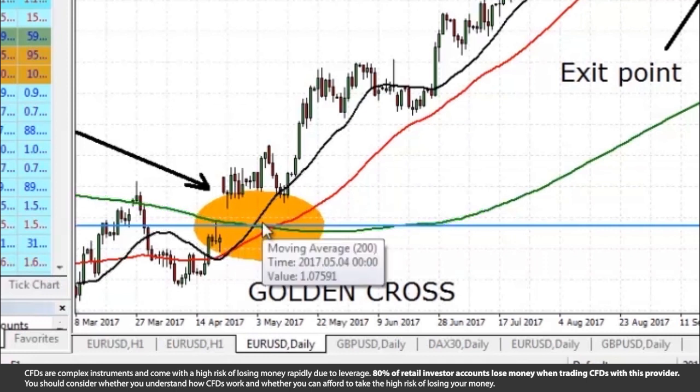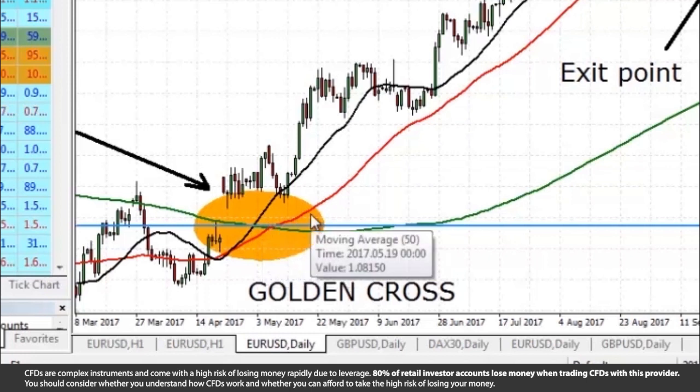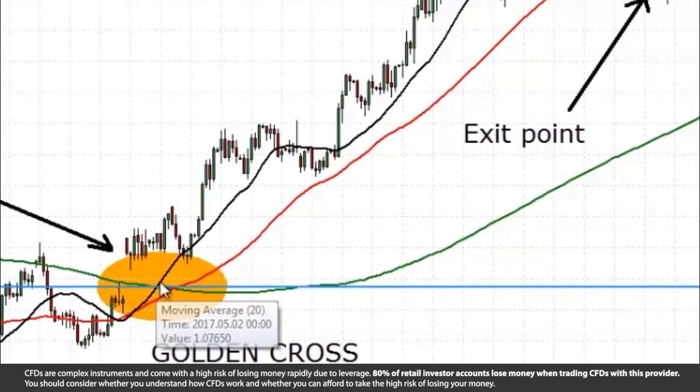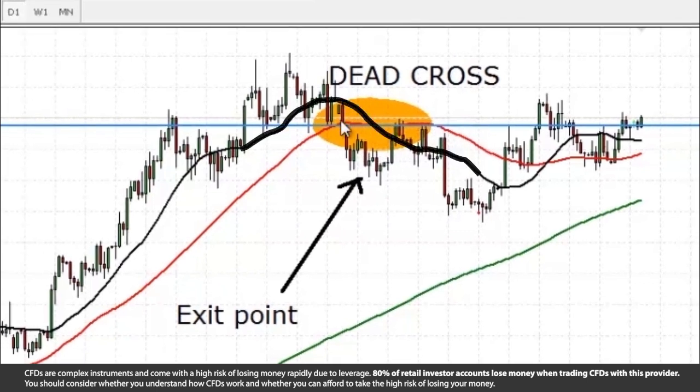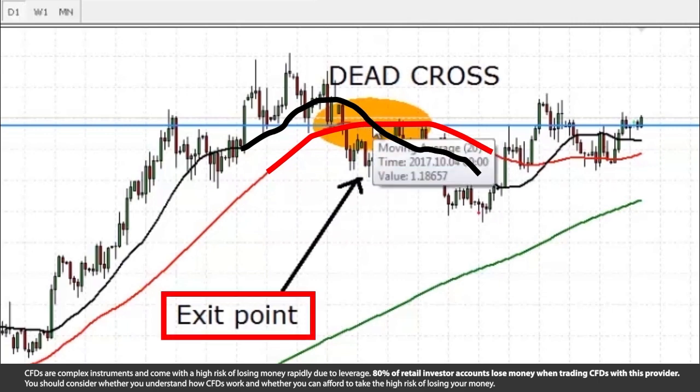The goal is to profit as much as possible from the uptrend. The first cross between the actual price and the 50 SMA is a signal for caution. If the 20 daily SMA crosses the 50 SMA from above, it's a strong signal to exit the buy position.